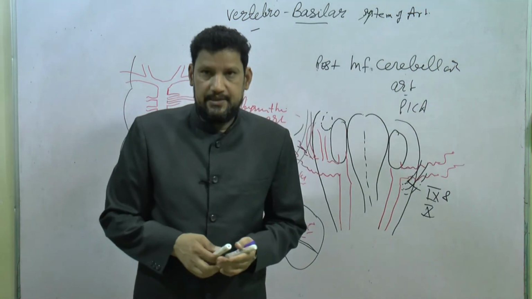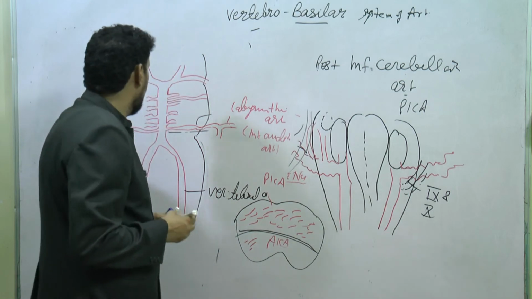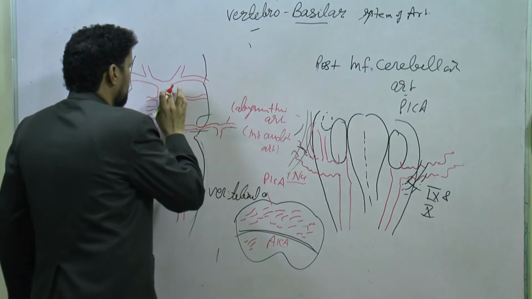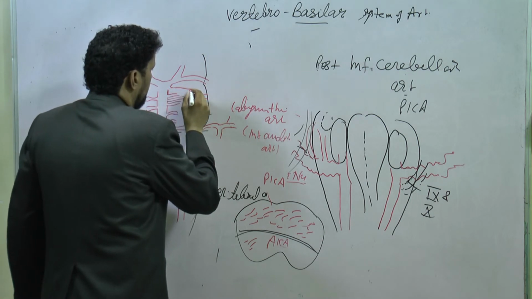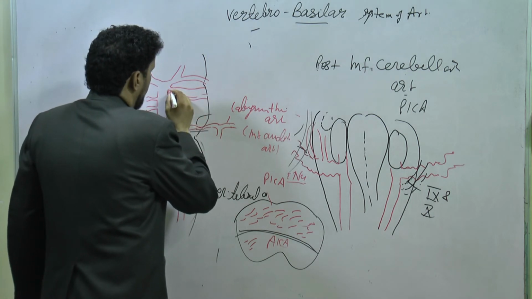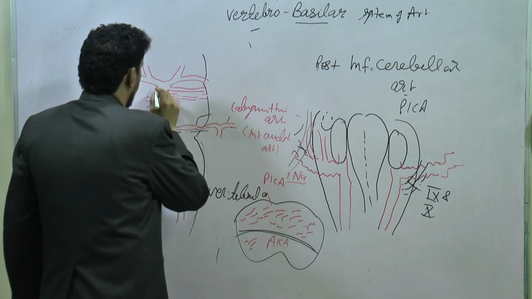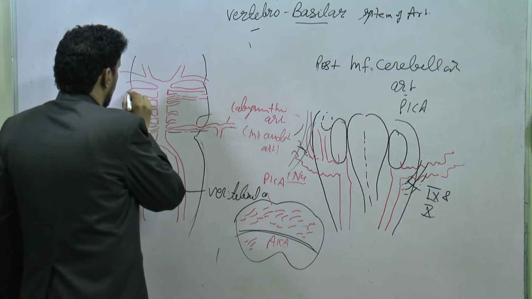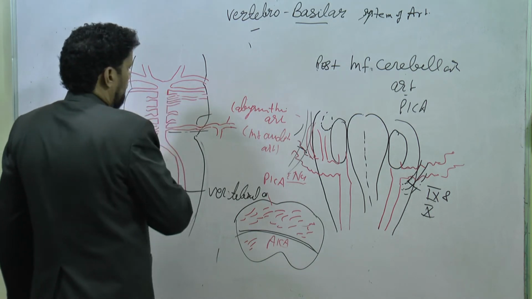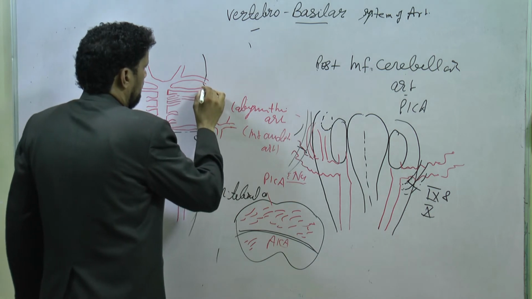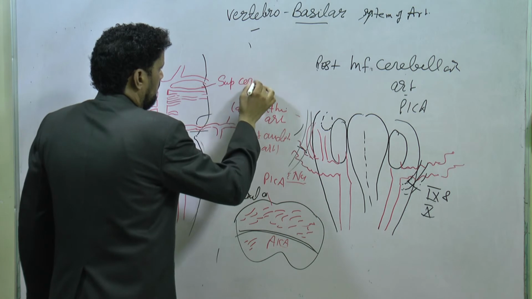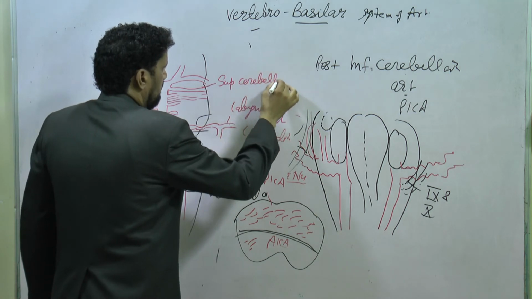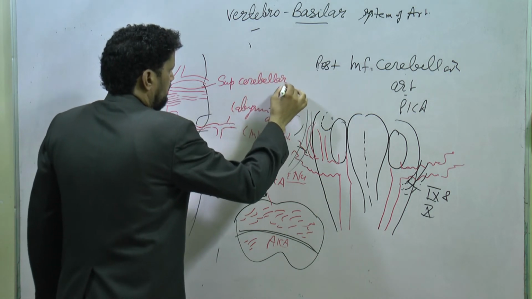Before its termination, the basilar artery gives two big arteries, the superior cerebellar arteries.